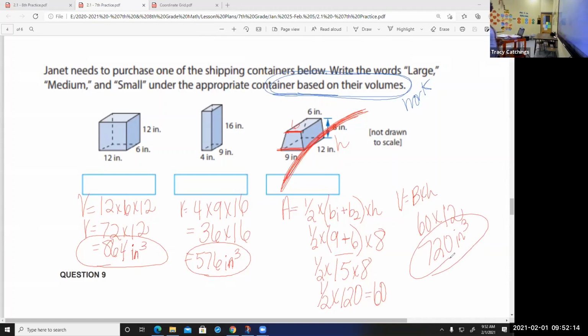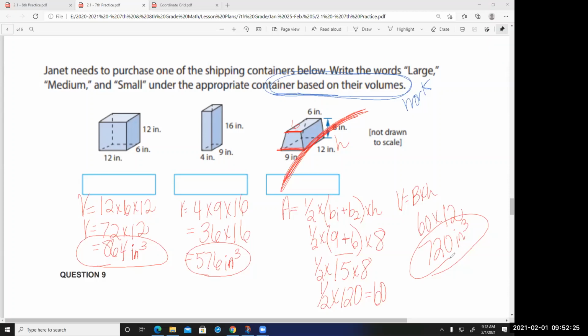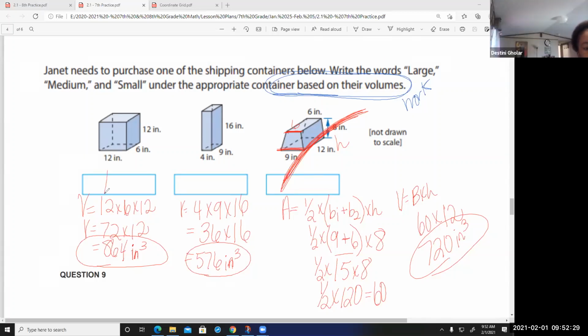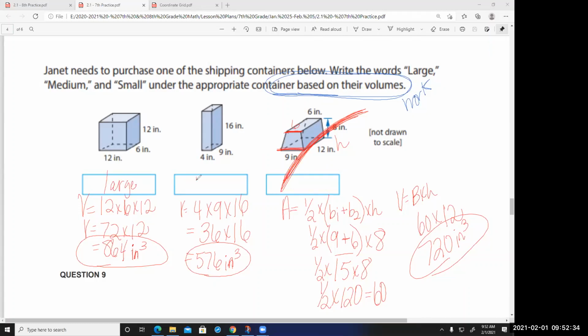So now that we done found all of our volumes, what are we putting below? The first one is large. The second one is small, and the third one is medium.